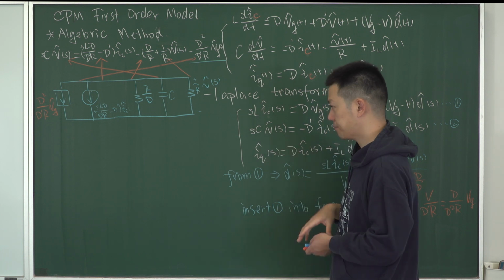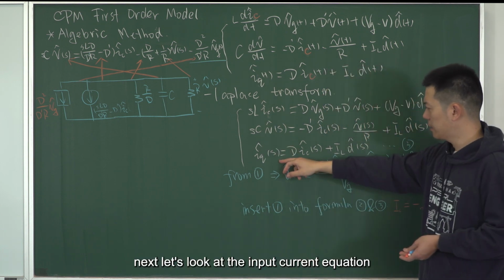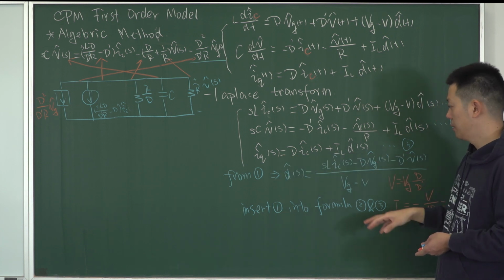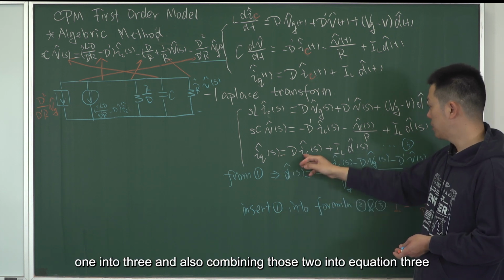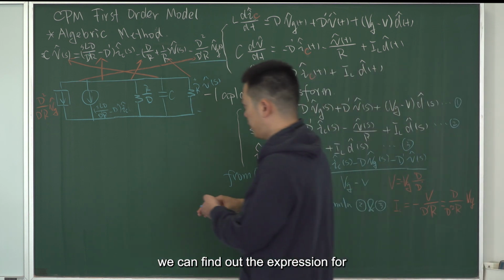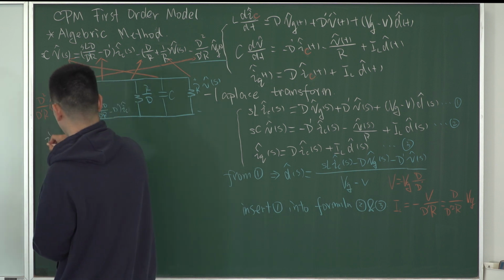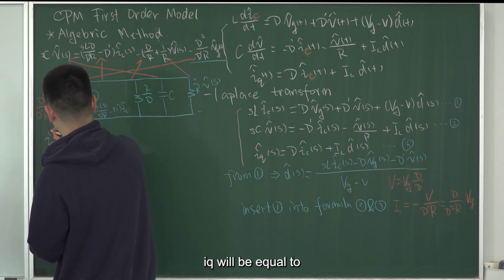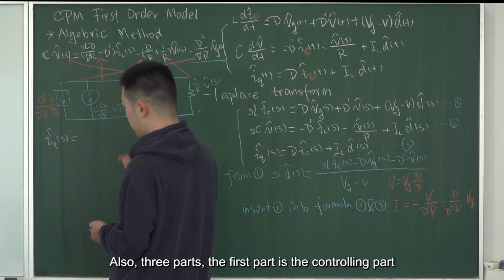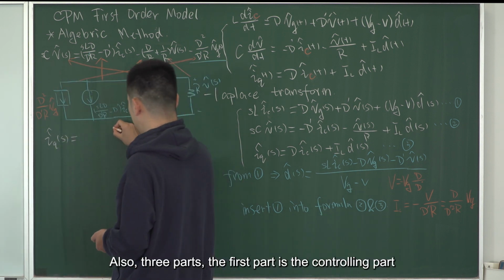this equation. And next, let's look at the input current equation by inserting 1 into 3 and also combining those two into equation 3. We can find out the expression for IQ will be equal to also 3 parts, right? First part is the controlling part.